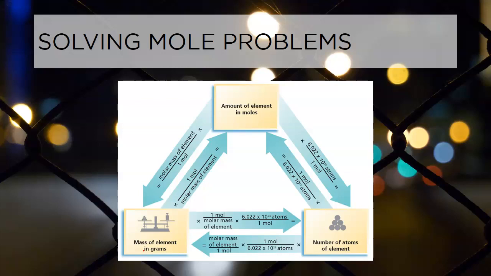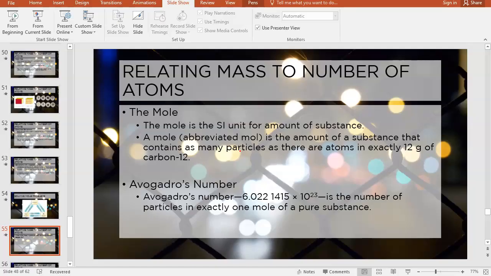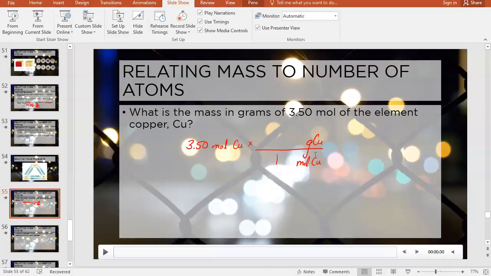So I need to multiply by how many grams of copper there are in a mole of copper. My periodic table can tell me that. If I look at copper, I see that it has an atomic mass of 63.5, so let's use that.